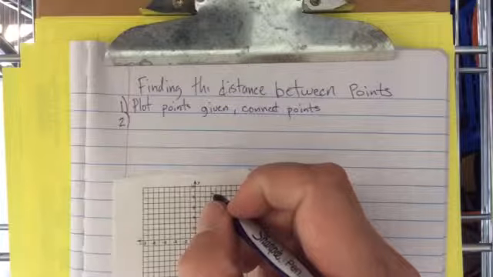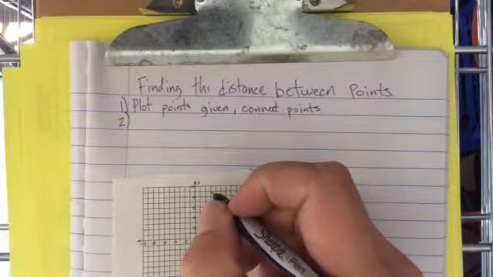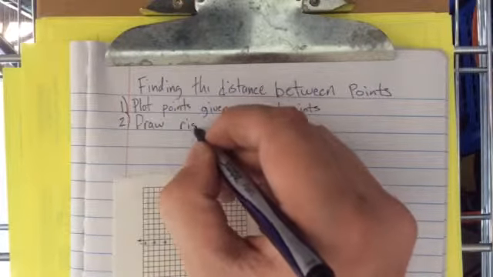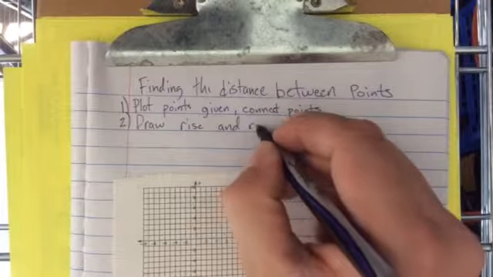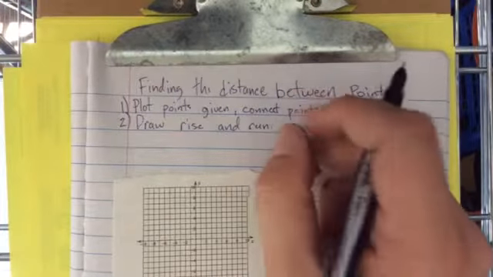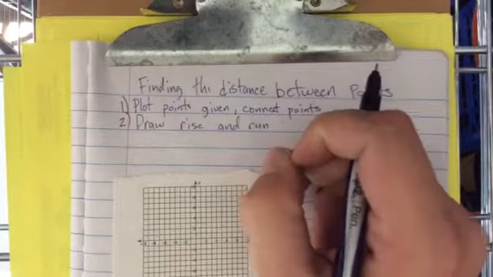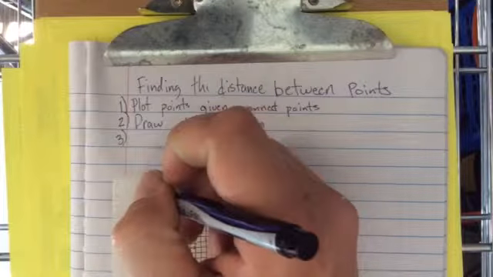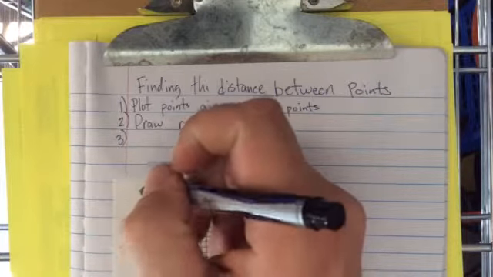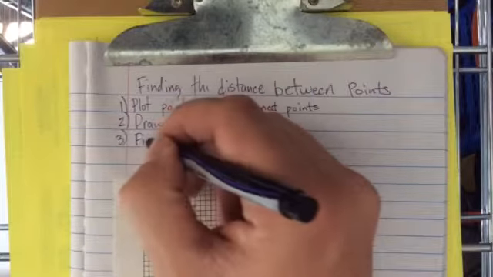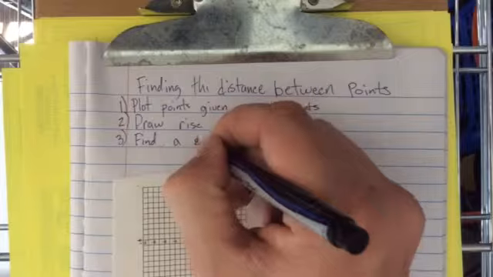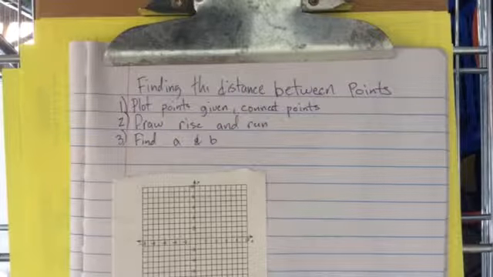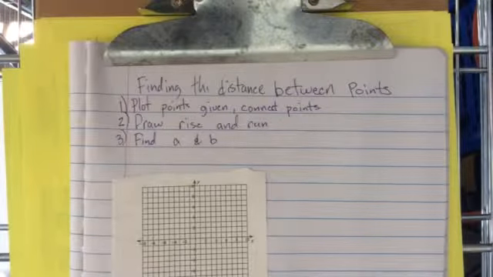Step 2. We are going to draw the rise and the run. I'll show you what that looks like in our examples. Step 3: we're going to find A and B. And all we have to do that is count.